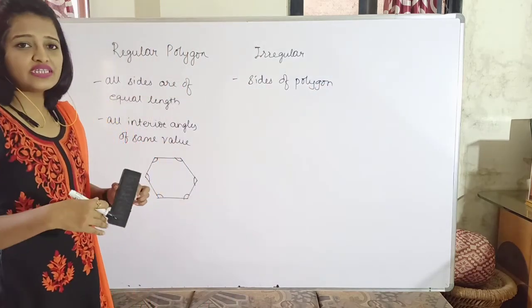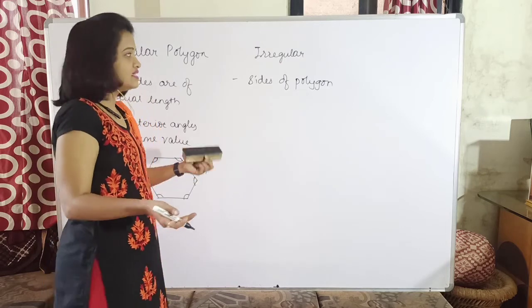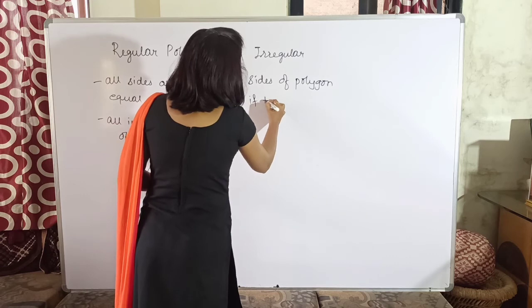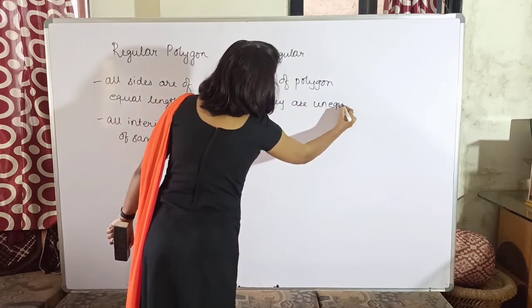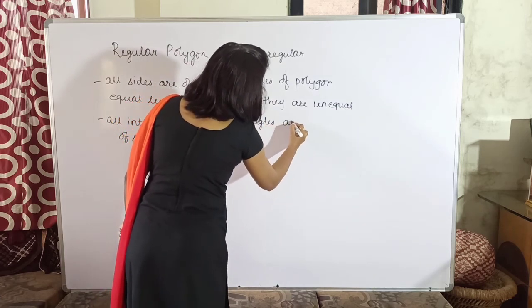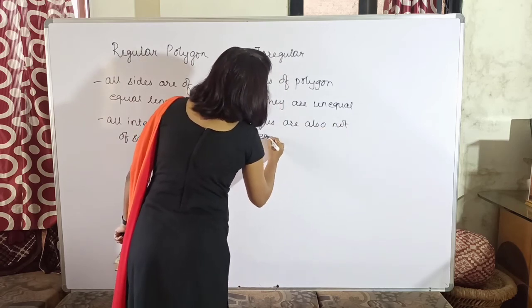Even if one side is not equal to another one, it is still classified as irregular. So if the sides of the polygon are unequal, definitely their angles are also not equal in value.